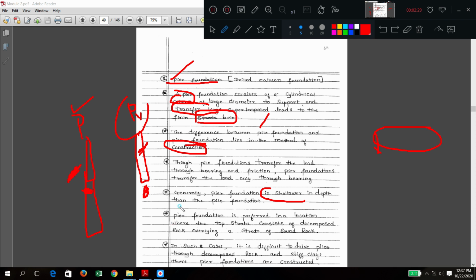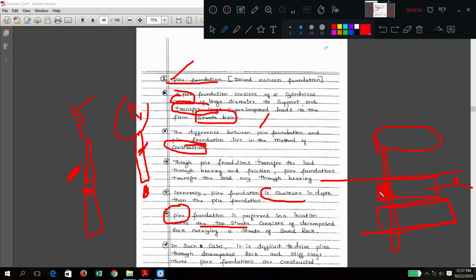Pier foundation is generally helpful in locations where the top strata, if this is the ground level, may be decomposed rock, and the bottom portion is strong strata. In such cases, driving the piles is difficult, because here decomposed rocks are present.